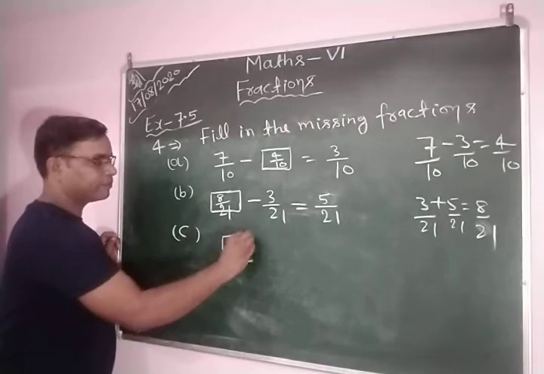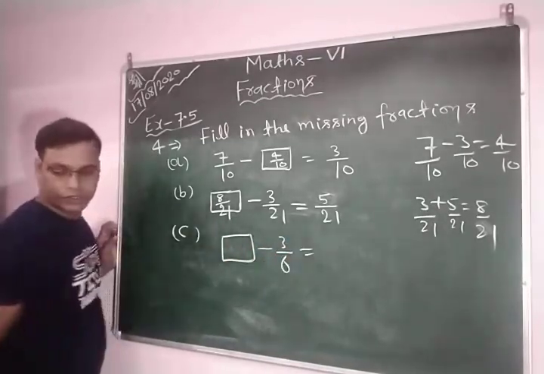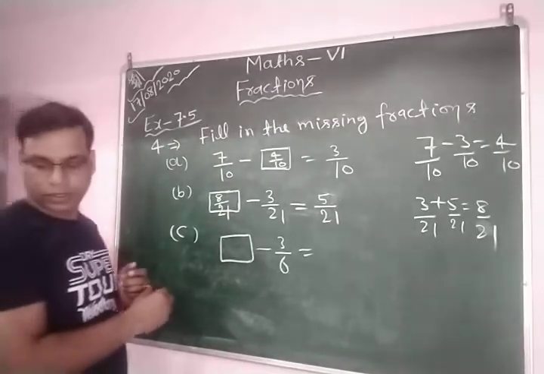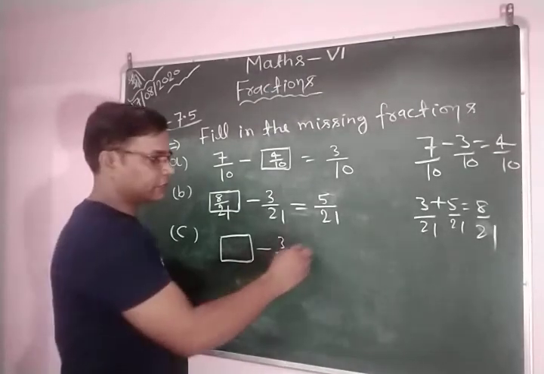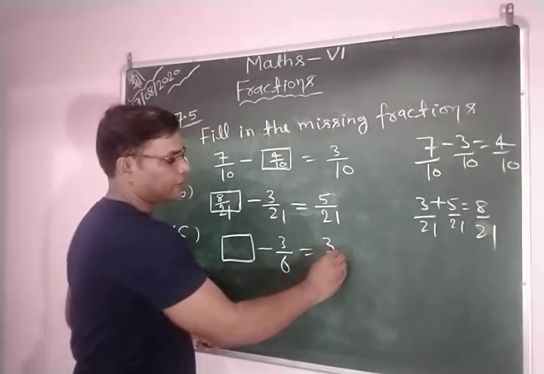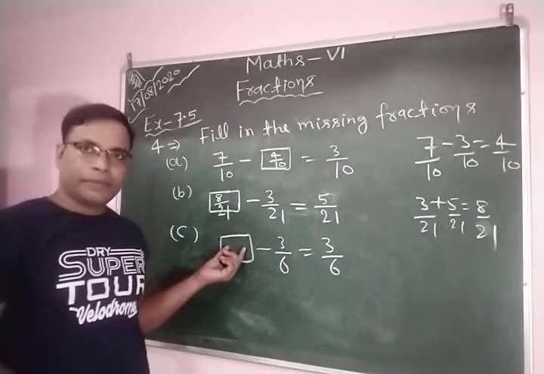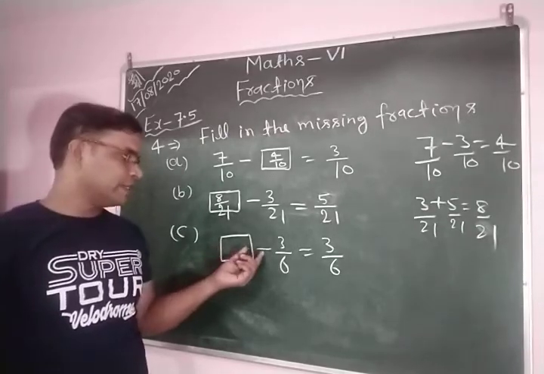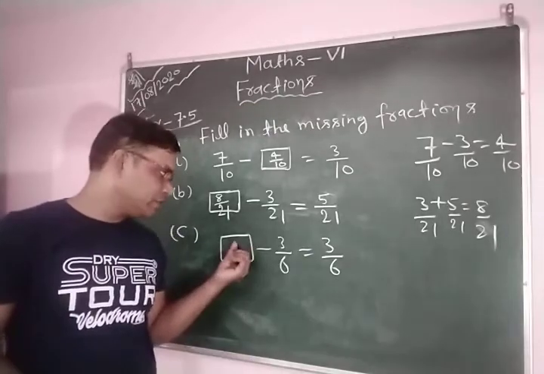Now, C part. C part is that blank space minus 3 by 6 is equal to 3 by 6. So what is the number you fill here?